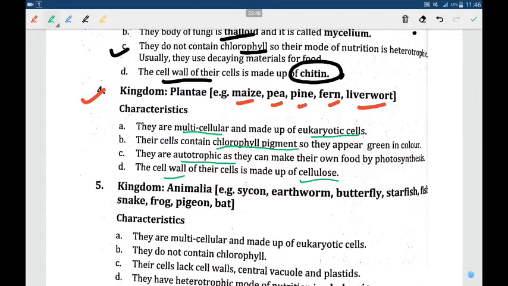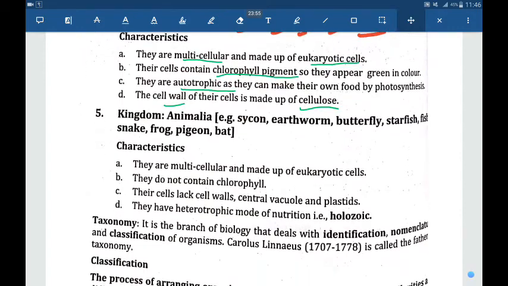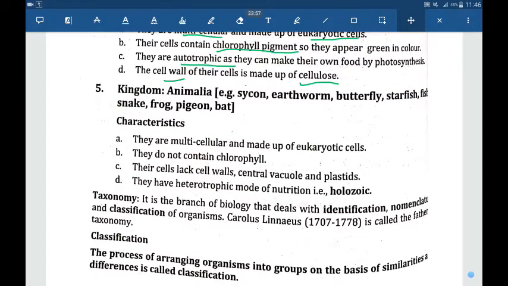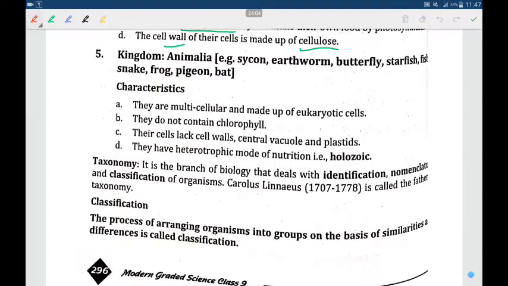Remember these main characteristics. Dear students, now we are discussing a little bit more things. Kingdom Animalia. What are the examples? Sycon, earthworm, butterfly, fish, snake, frog, pigeon, bat. So many are there.